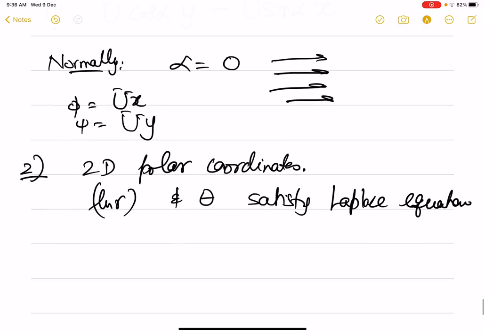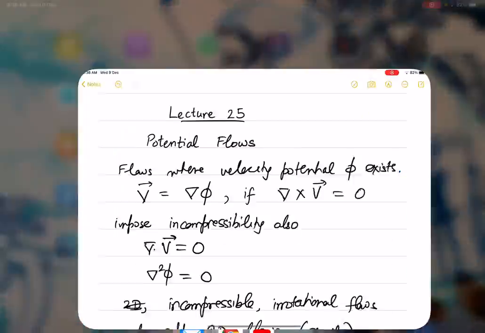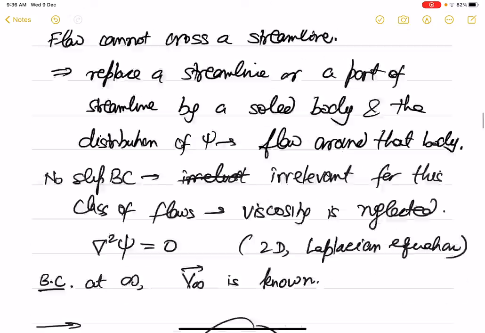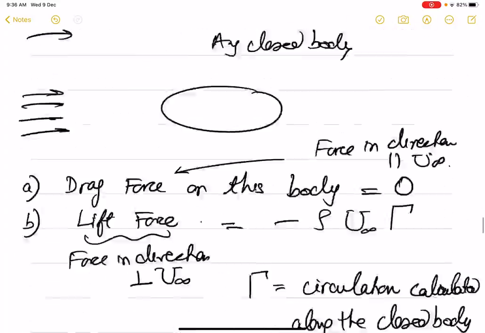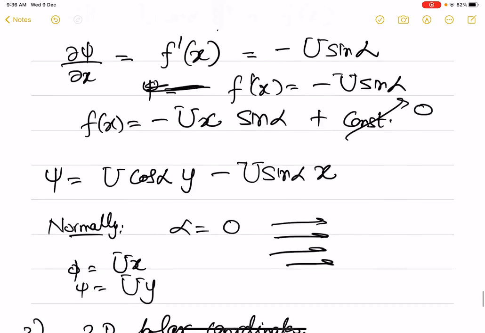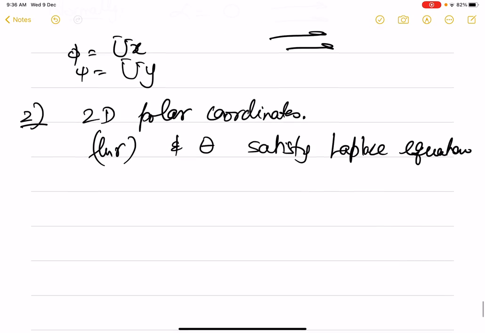So therefore let us look at the first one, and that is what we will call number 2 here. So we'll use this log r as the second case, and this we call a line source or sink at the origin.